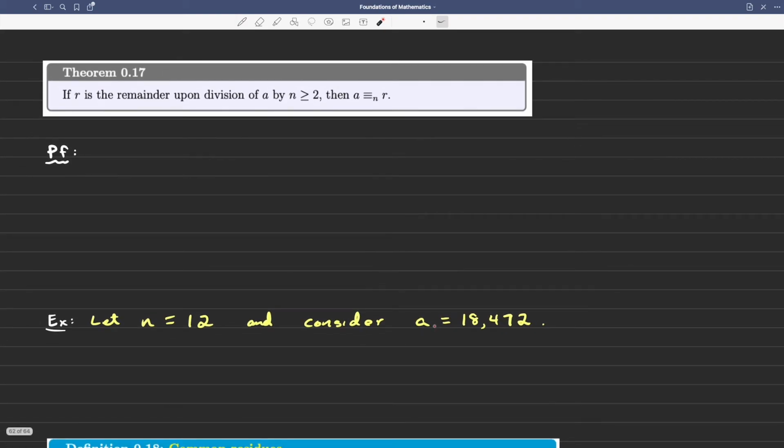So I've got this big number here, a equals 18,472, and I've got a modulus of n equals 12. The idea is I want to find a number that's congruent to this big number a, modulo 12, that's much smaller. All I need to do is find the remainder when I divide 12 into a equals 18,472. So let me go over here to the side and do that long division.